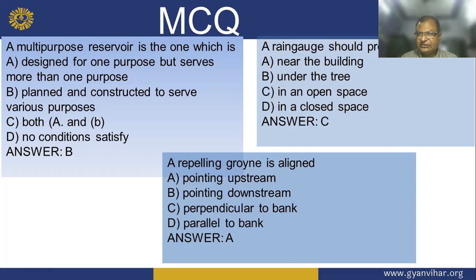And next question: a rain gauge should preferably be fixed... So which is the correct answer? The correct answer is C, in an open space.